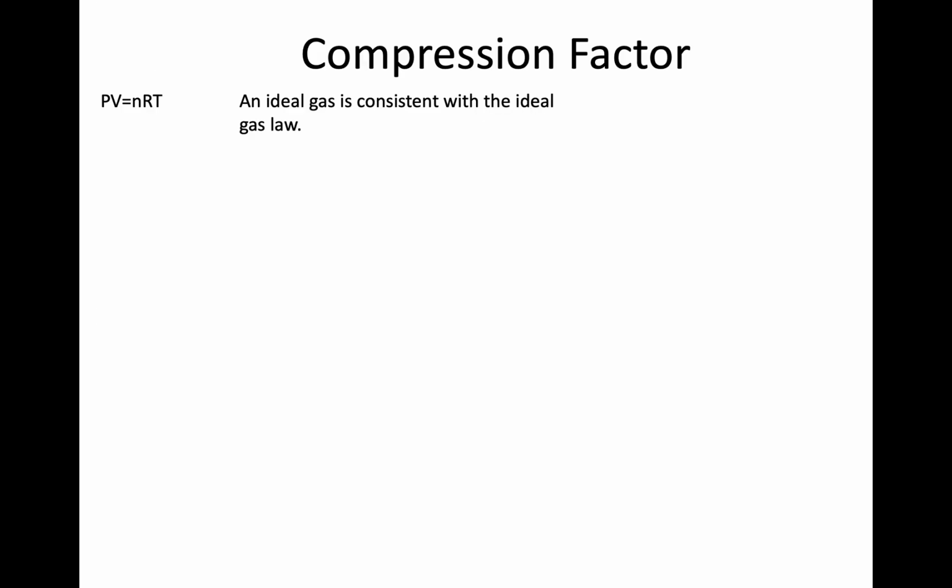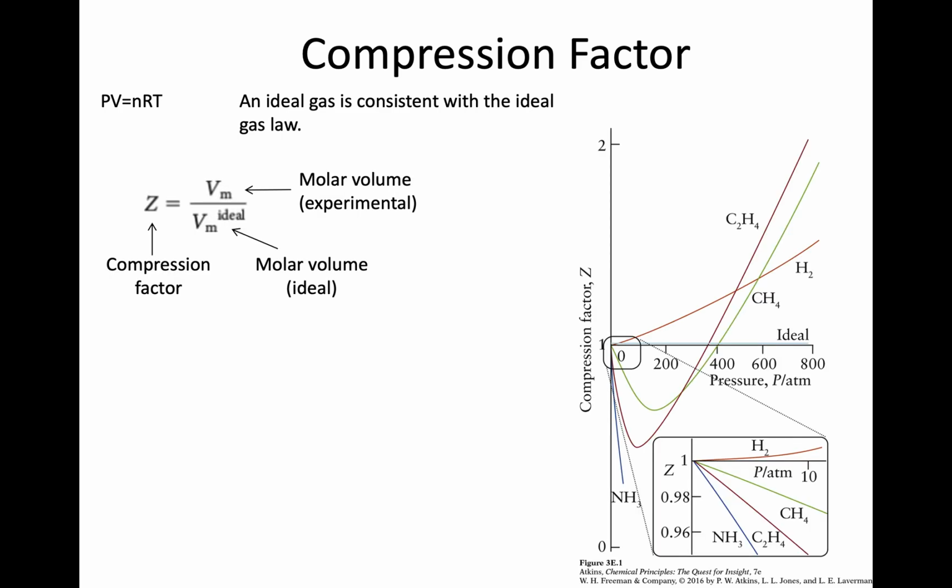An important way that we can explore non-ideal behaviors is with this idea of a compression factor. So we have a description for our ideal gas law. The compression factor is looking at the volume that you would experimentally measure relative to the volume that you would predict based on the ideal gas law.